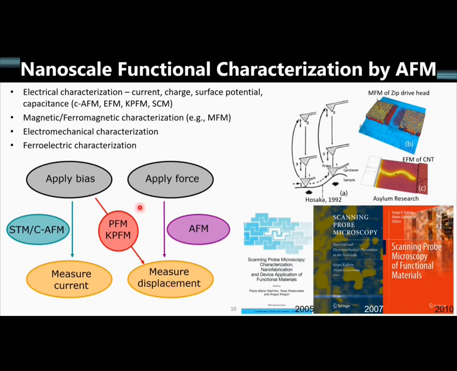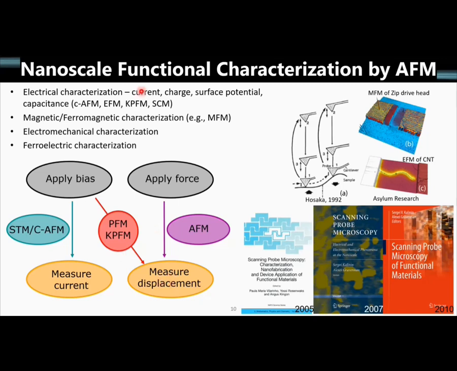PFM and EFM and Kelvin probe force microscopy all fall at the intersection, the diagonal of this schematic. Here you're applying a bias and measuring a displacement. The bias that you're applying will create some kind of electromechanical or electrical force on the cantilever, and that displacement is then measured by the AFM.